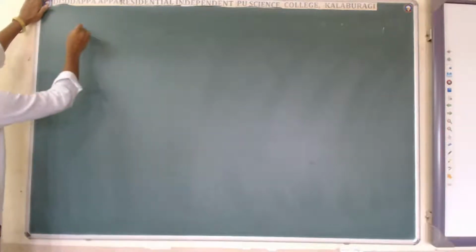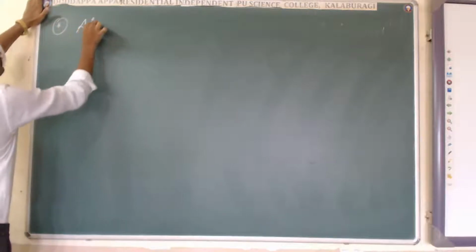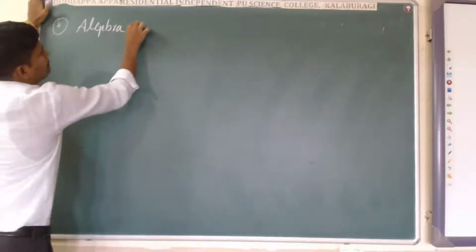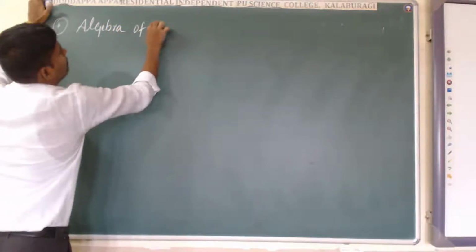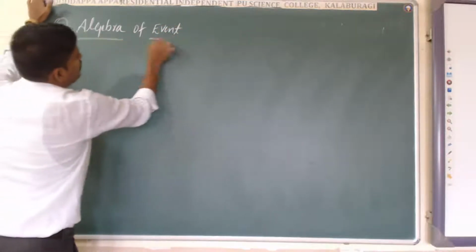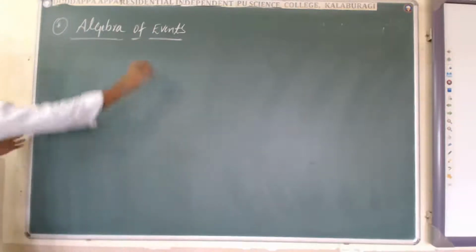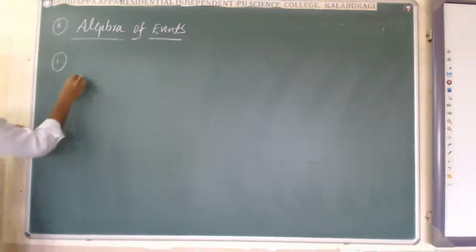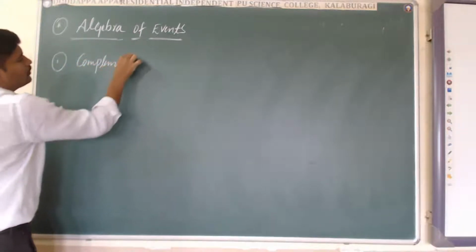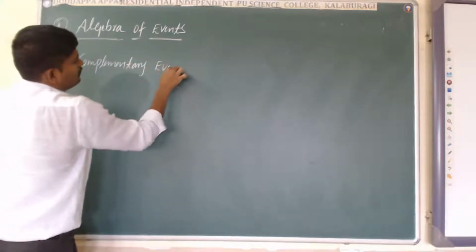Okay. Now, the next concept is algebra of events. In the algebra of events, we can see the first one is complementary events.